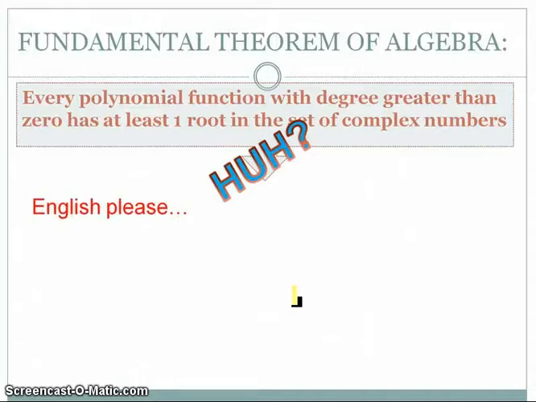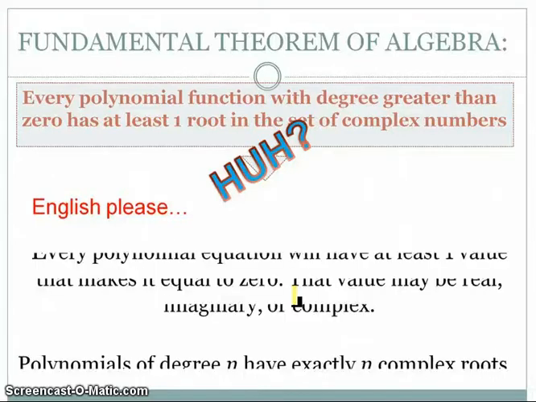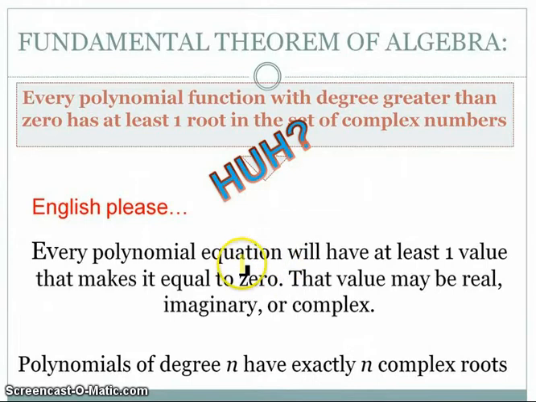So if we rewrite this a little bit, just get at the essence of this theorem, it's a really powerful idea. Basically, it's saying that every polynomial equation has at least one zero. Remember, zeros are the same as solutions. So this theorem is telling us that every polynomial equation has at least one solution. And secondary to that is that that solution could be real, imaginary, or complex.